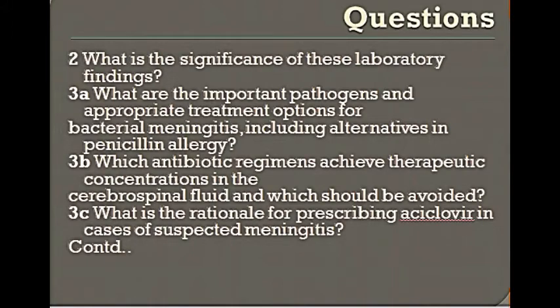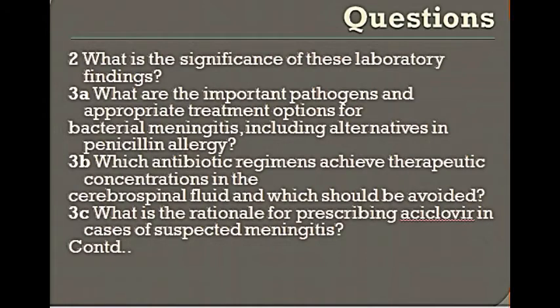Gentamicin does not penetrate the CNS to achieve therapeutically useful concentrations, while ciprofloxacin is not effective against pneumococcus. Among the carbapenems, meropenem achieves very good CNS penetration compared to imipenem.